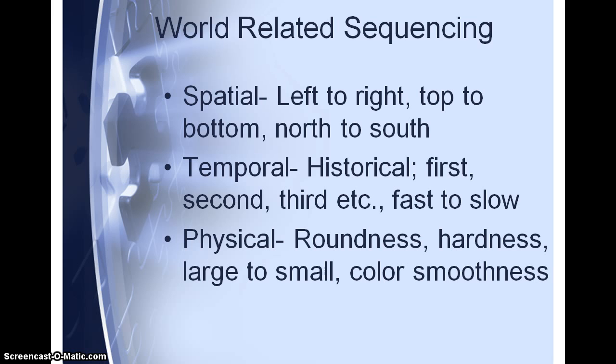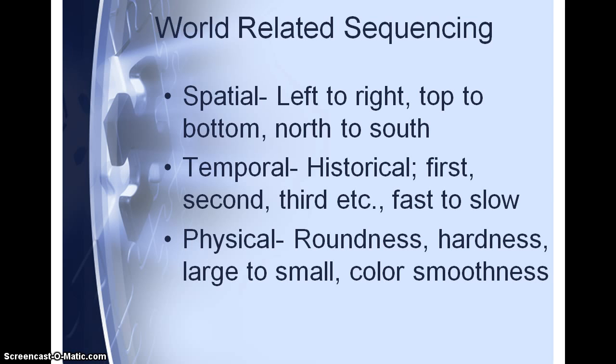Next, there's temporal sequencing, which looks at objectives in a historical or chronological manner. What happens first, second, third, or by length of time, like fastest to slowest. An example here could be a government teacher who is discussing how a bill becomes a law. And finally, our last option in the world-related sequencing category is physical sequencing.